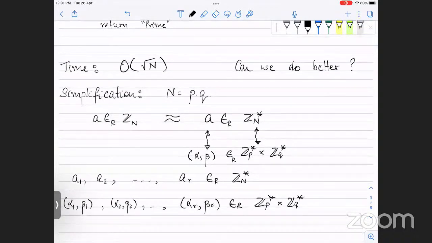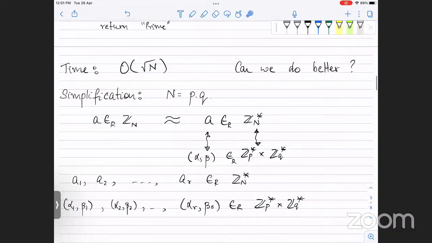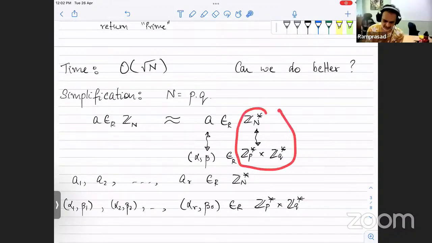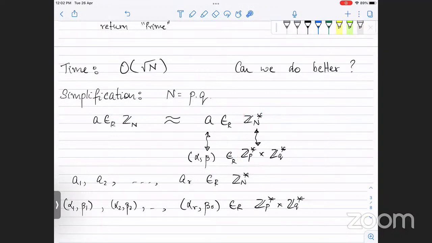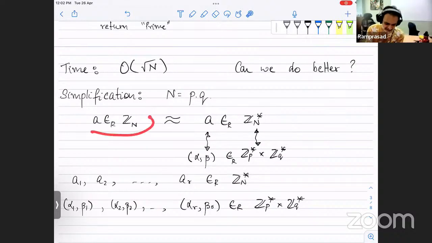Why is it equivalent, getting A from Zn to Zn star? Because this is an isomorphism. I got that, but you have given an equivalent sign between A belonging to Zn and A belonging to Zn star. No, I'm just saying that in this experiment, let's imagine that A1, A2, and so on till AR were picked at random from, let's say, Zn.